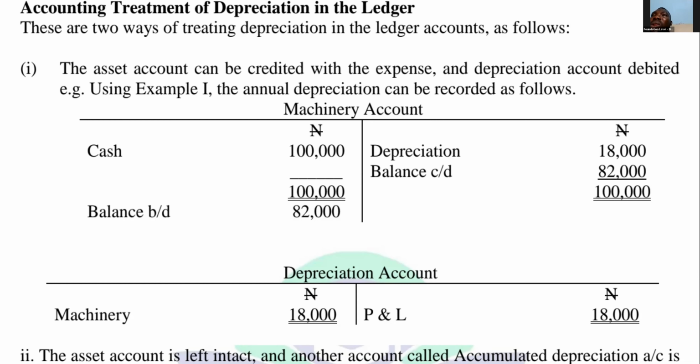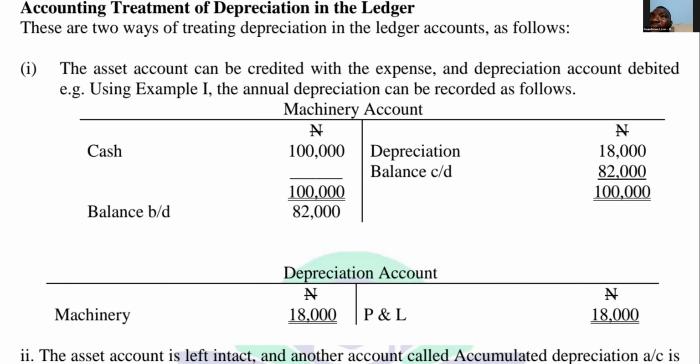After that, we look at the depreciation for the year, which is 18,000. It means you want to reduce the 100,000 by 18,000. So for the first method, the 18,000 will be credited to your machine account, then debited to your depreciation account.